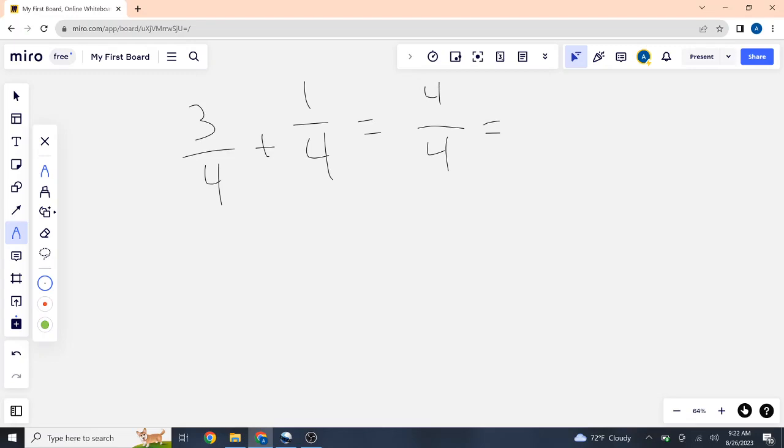And again, we can see that our numerator and our denominator are the same, so we know that can simplify into 1. So again, whenever we're adding or subtracting fractions, our first goal is to make sure that our denominators are the same, because once they're the same, all we need to do is add or subtract the numerators.